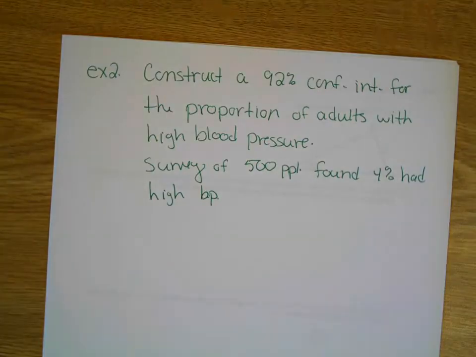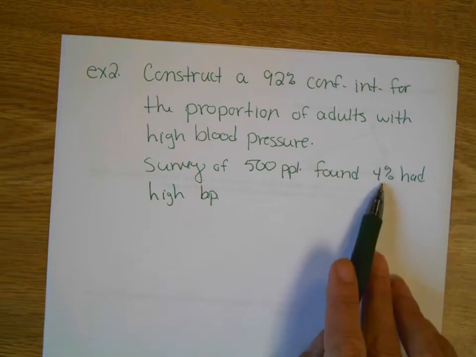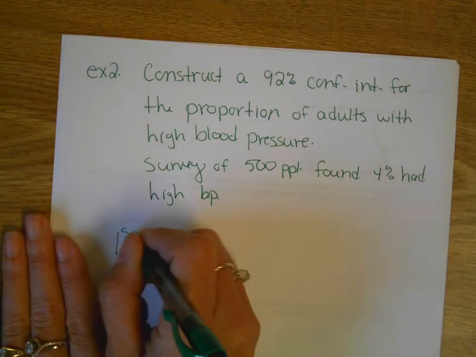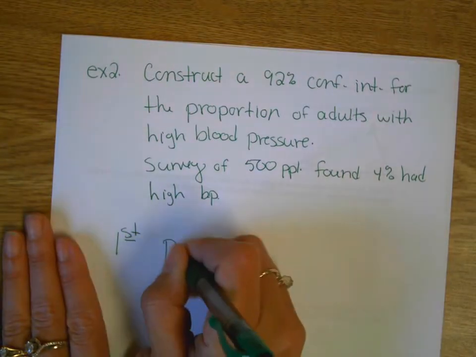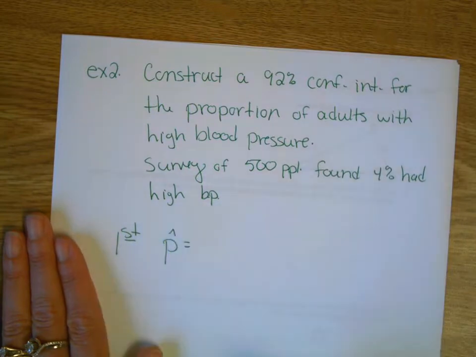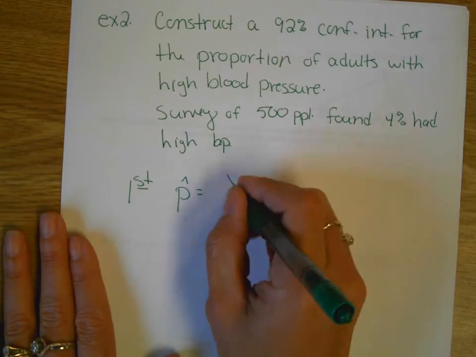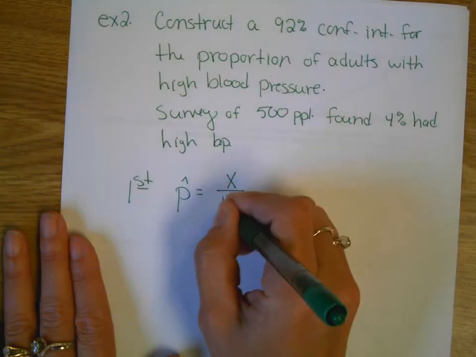So, two things in here make this different than example 1. First of all, it's a 92% confidence interval, and I didn't tell you how many successes there were. I actually gave you the percentage of successes. So, let's first find p hat. I said p hat was the number of successes divided by the sample size.